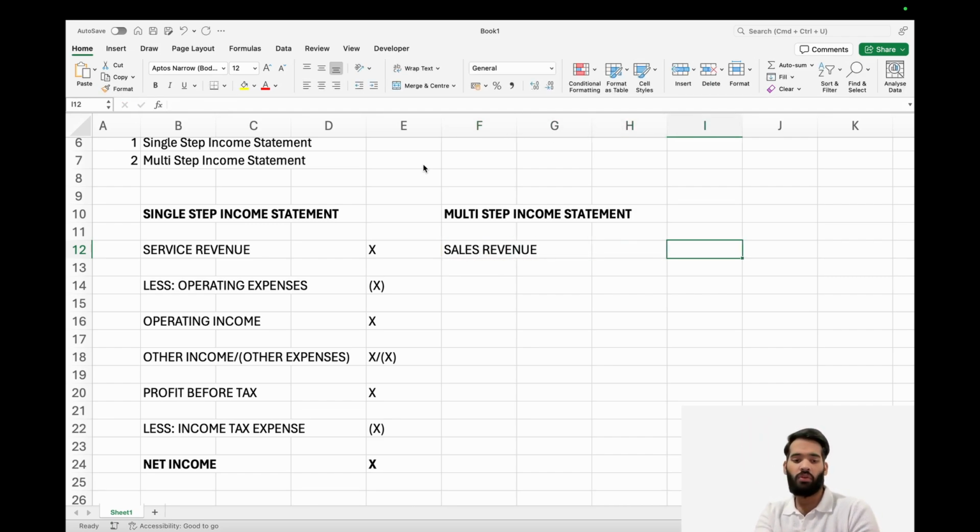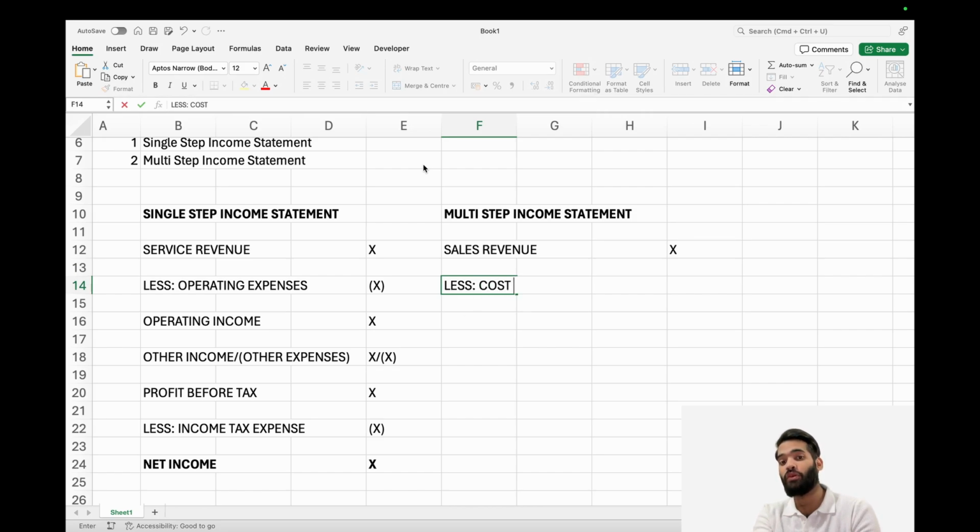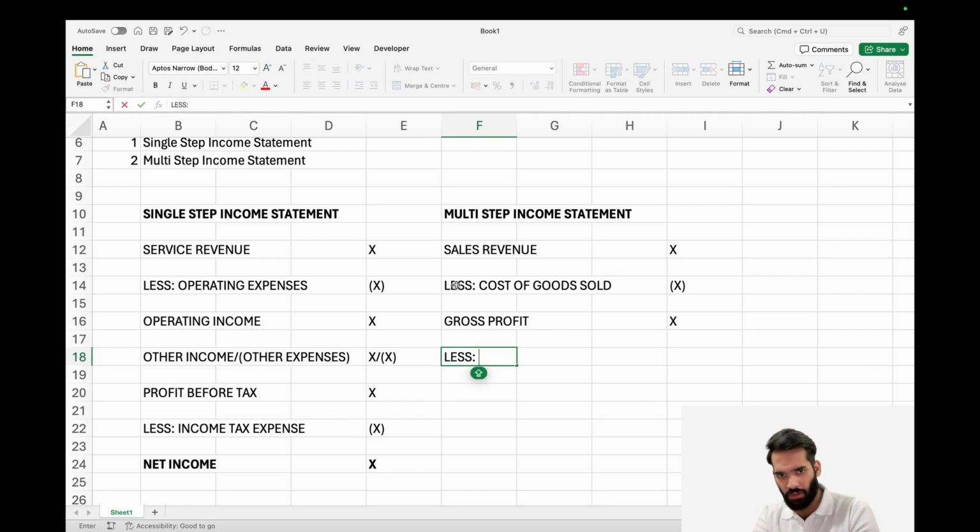So sales revenue instead of service revenue, and then we subtract cost of goods sold. What is cost of goods sold? I will explain in a moment. First, I'm going to just get the format down here. And when I say less, by the way, less means subtract, right?